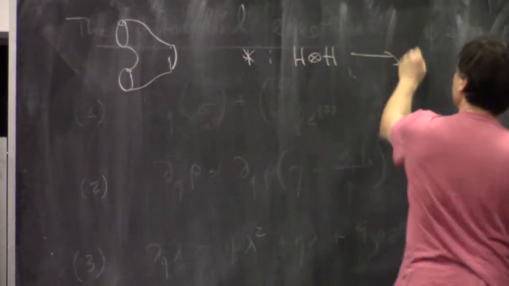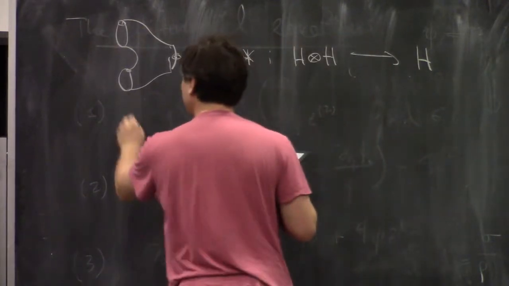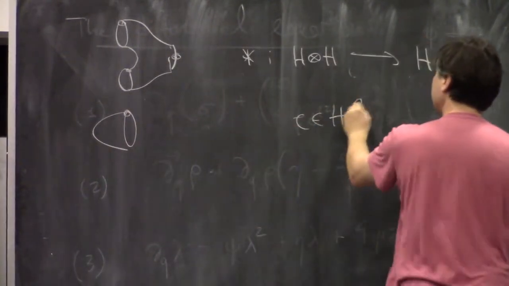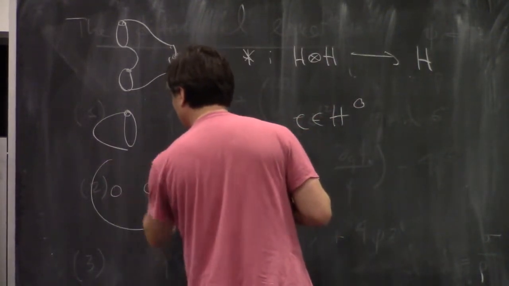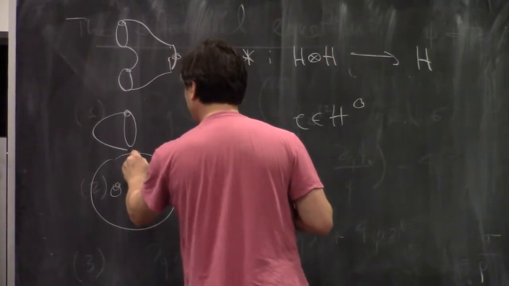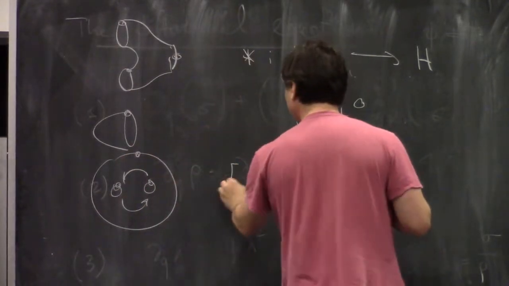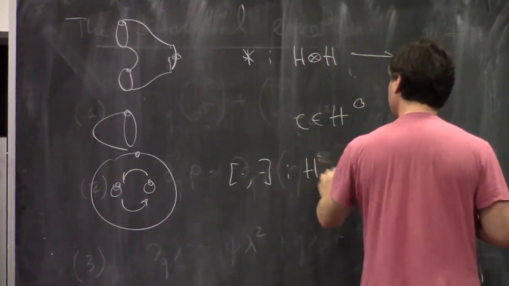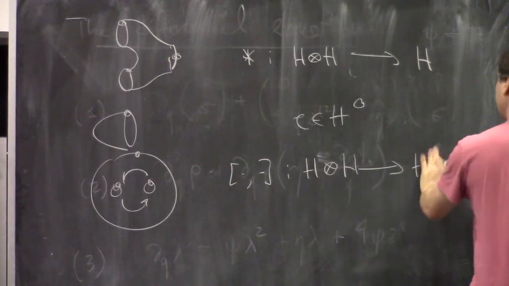The pair of pants product, which is just a single surface, is commutative and unital, with unit this guy here. The other thing that you have is a natural one parameter family, where the markers always point up, but these two circles move around each other. That gives rise to a bracket. And these two things together make it into a Gerstenhaber algebra.